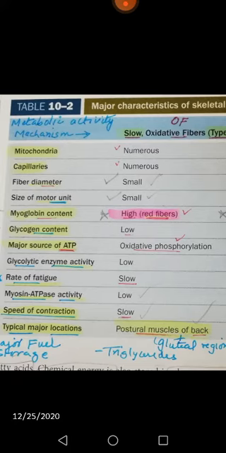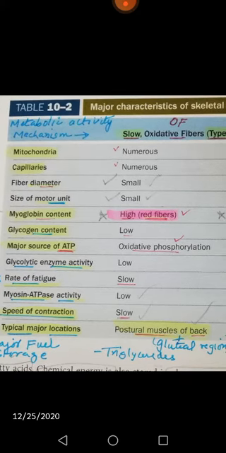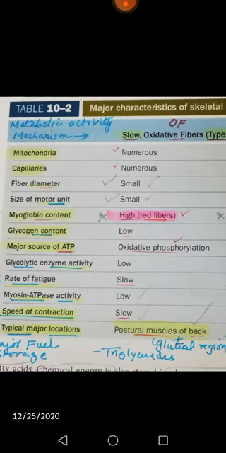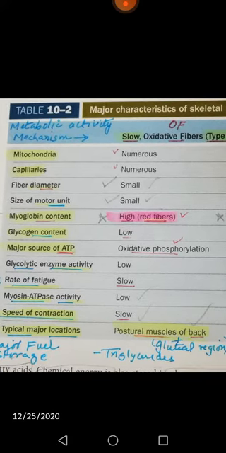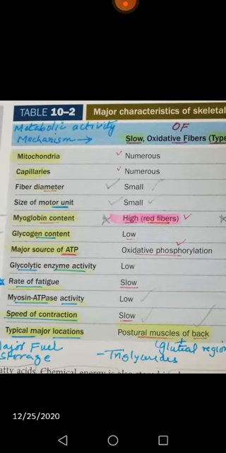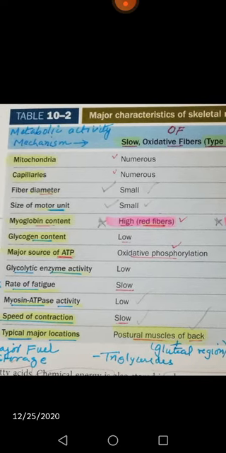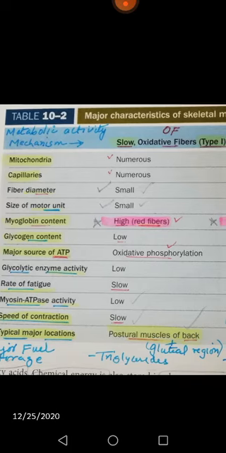They use oxidative phosphorylation, so glycogen content is low. The rate of fatigue is slow, and myosin ATPase activity is low, as they contract slowly. The major fuel is triglyceride.